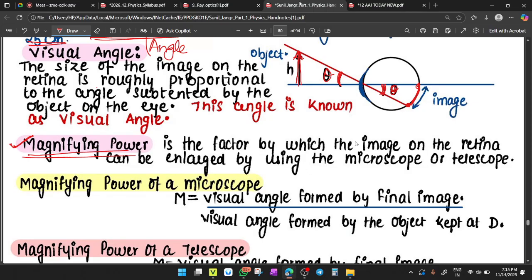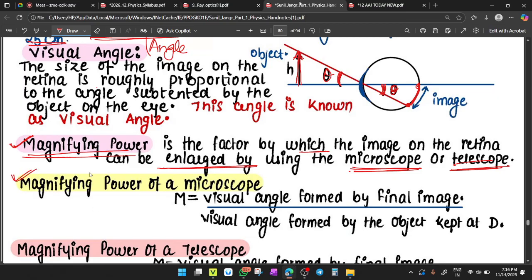It is the factor by which the image on the retina can be enlarged by using the microscope or telescope. So by the use of a microscope or telescope, you can enlarge your image by a factor. That factor is called magnifying power.